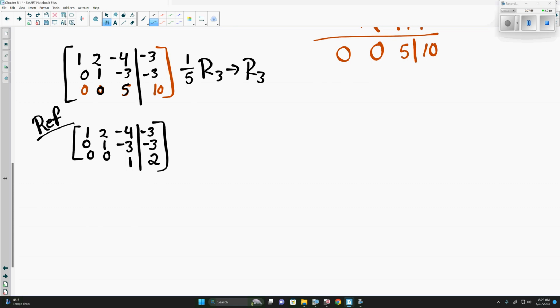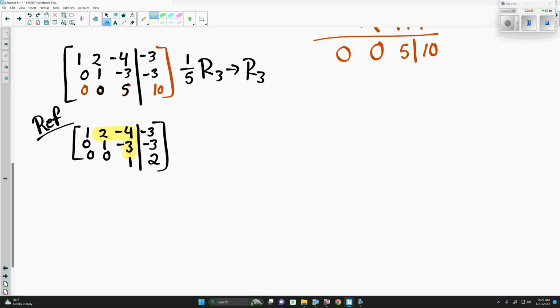Now this here is indeed in row echelon form. Now if we wanted reduced row echelon form, we would continue using similar operations, but what we would end up doing is making these 3 numbers here all be 0.